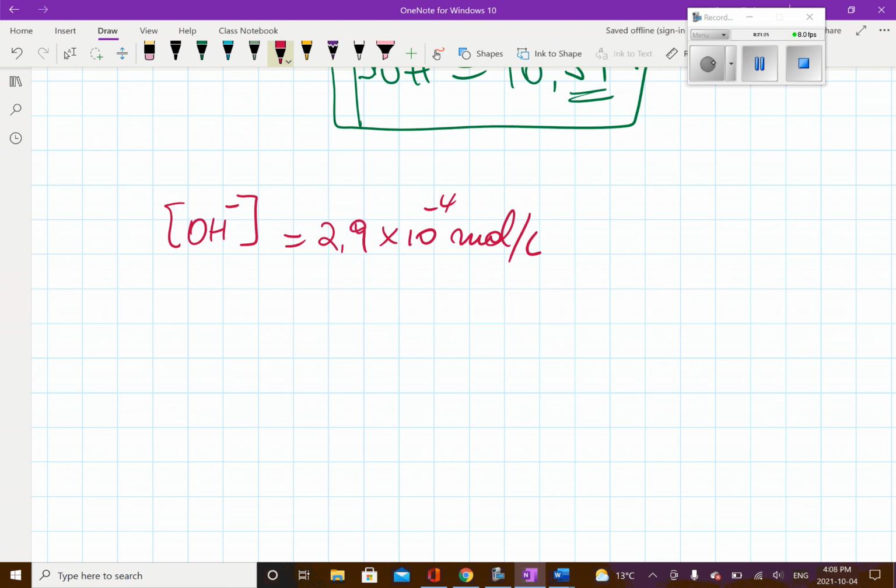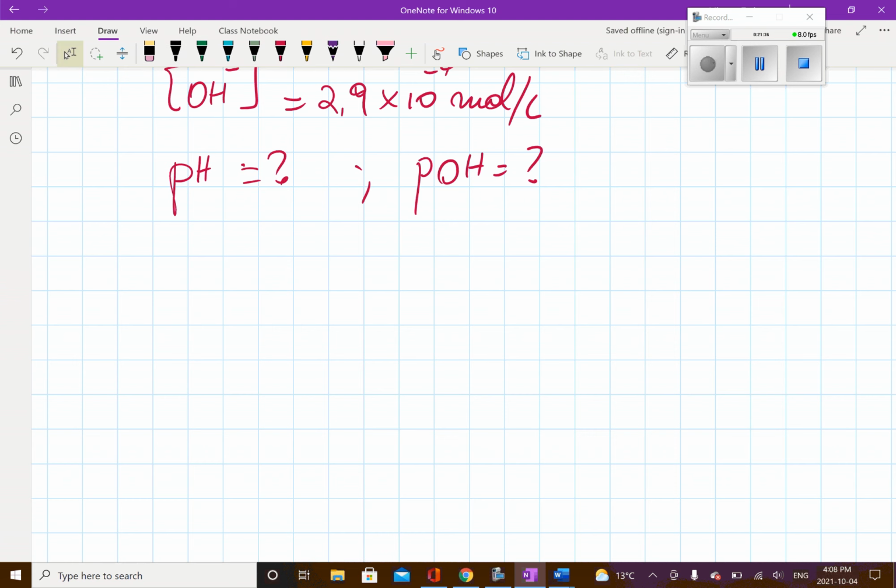Let's calculate pH and pOH. Since we know the concentration of OH, or hydroxide, we start with pOH as negative log of the concentration of hydroxide.